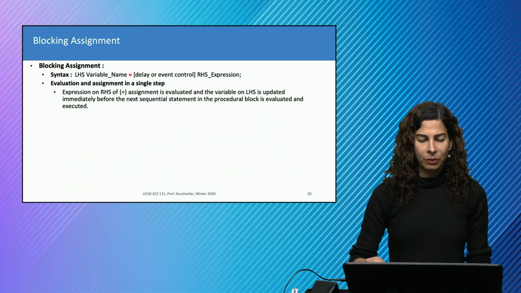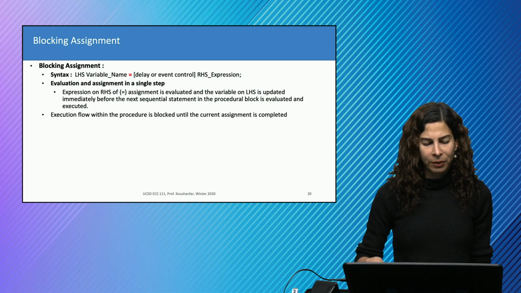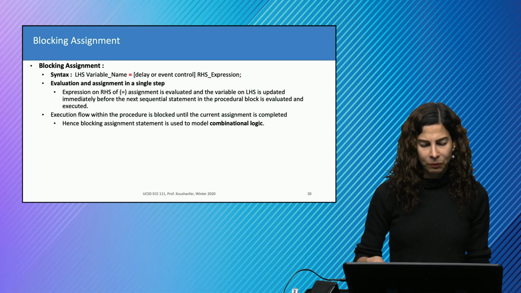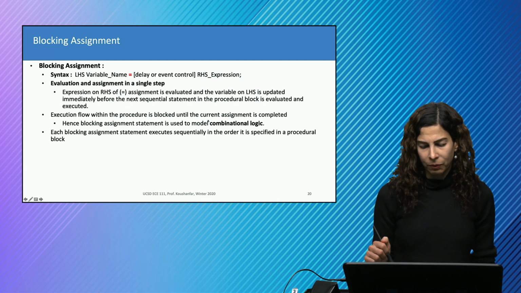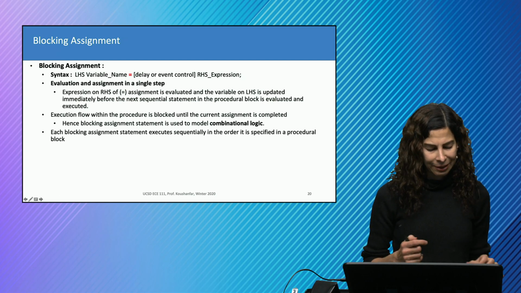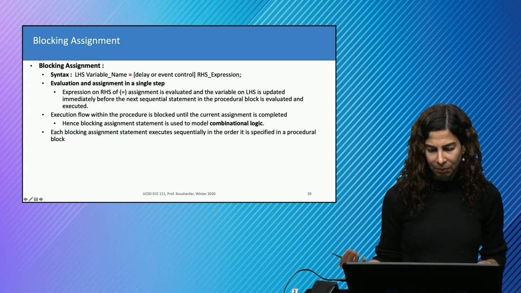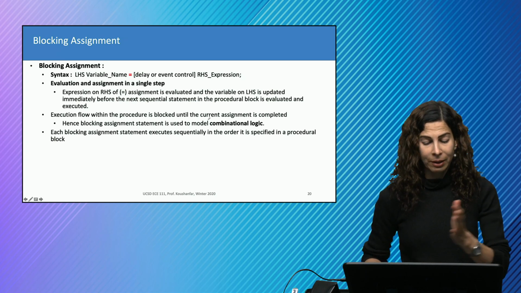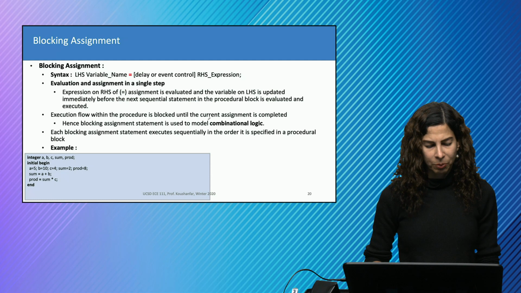The variable on the left-hand side is updated immediately, before the next one, so the execution flow is blocked until the current assignment is completed. This models combinational logic, because once the current logic is evaluated, the next logic connected to it is evaluated next. So this is executed sequentially, in order, in a procedural block.